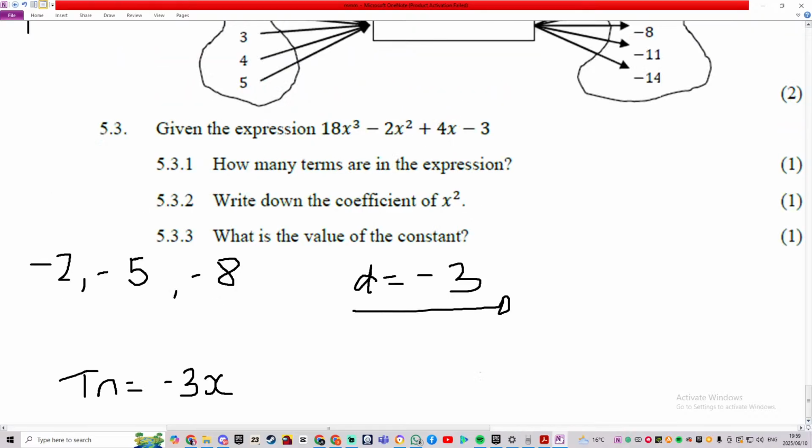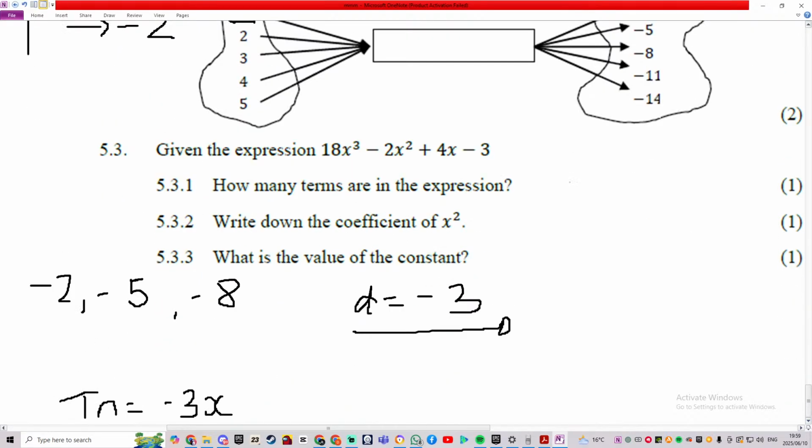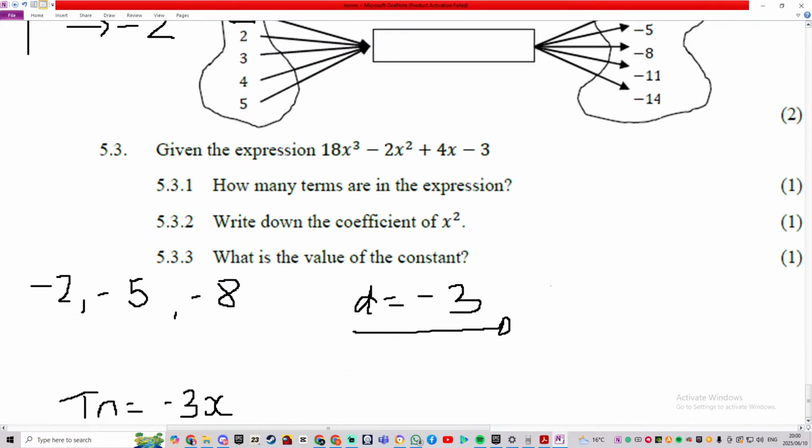Now I'm going to ask myself, how do I go from -3x to -2?